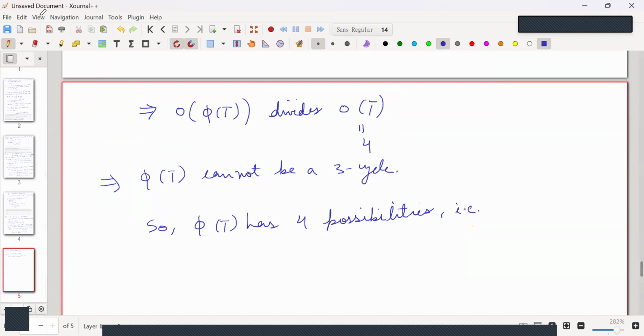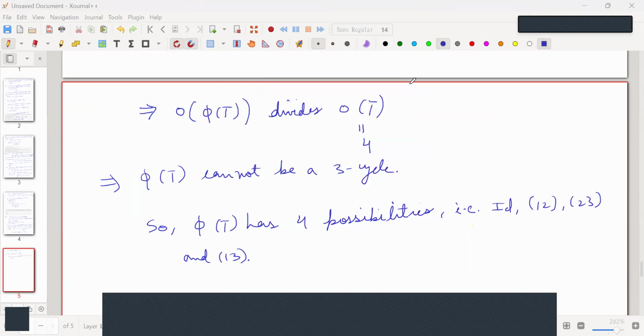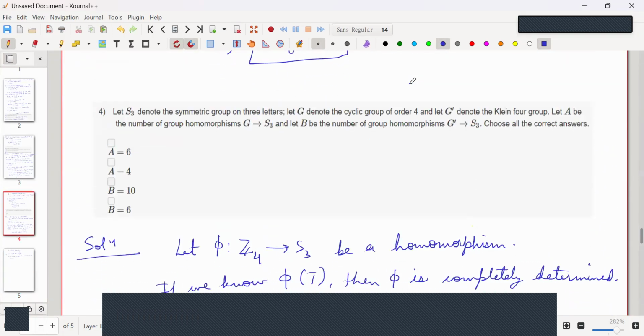That is identity, (1 2), (2 3), and (1 3). Okay. So the first part is clear, I guess. So there will be 4 homomorphisms from Z4 to S3.